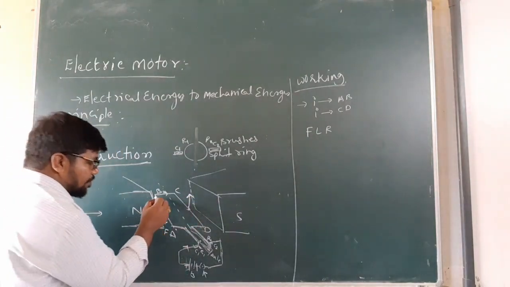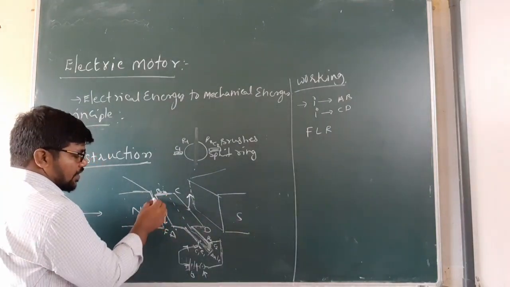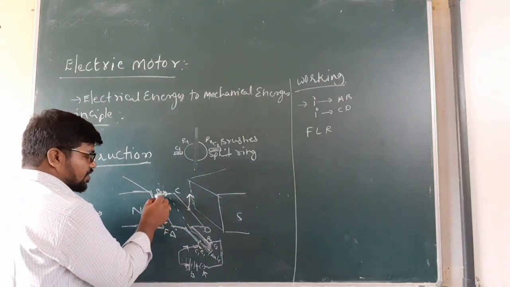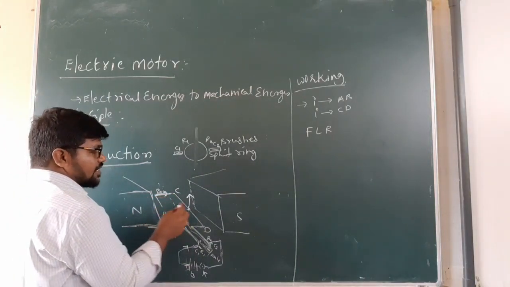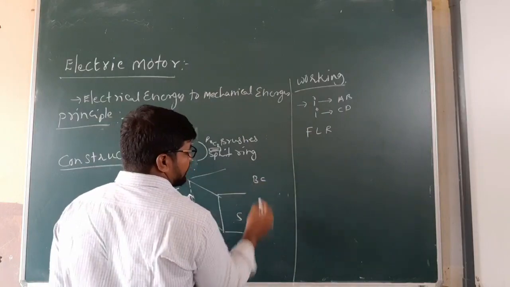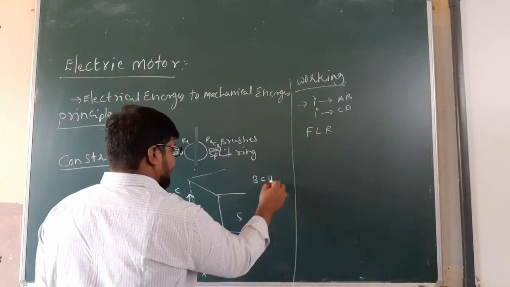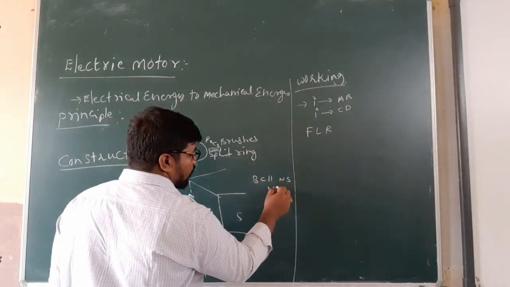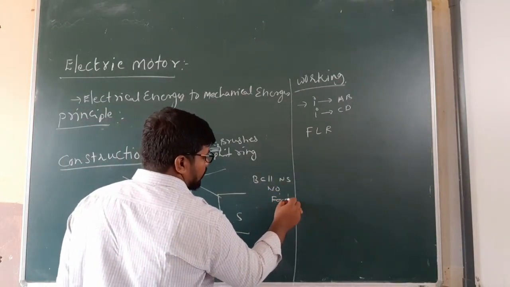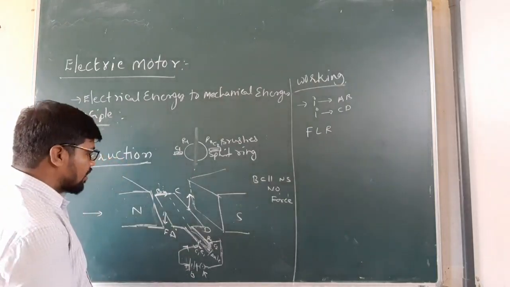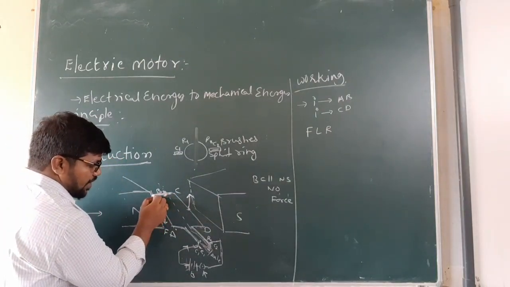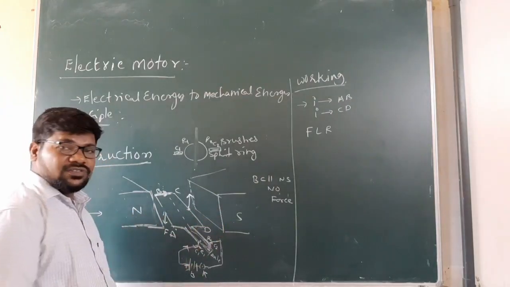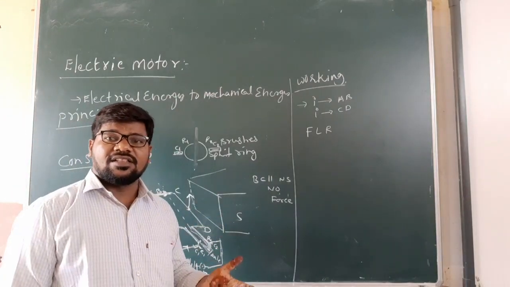At the same instant, in BC the current is passing parallel to the north to south direction. That's why no force is acting on BC. The direction of current from B to C is parallel to the field.